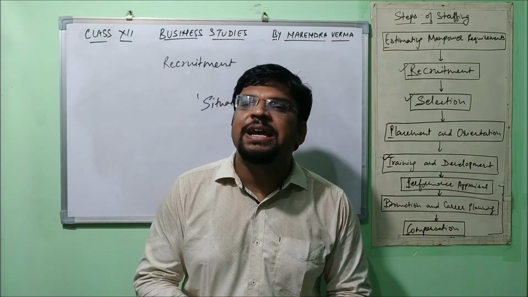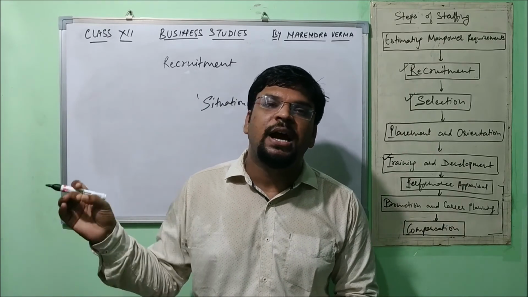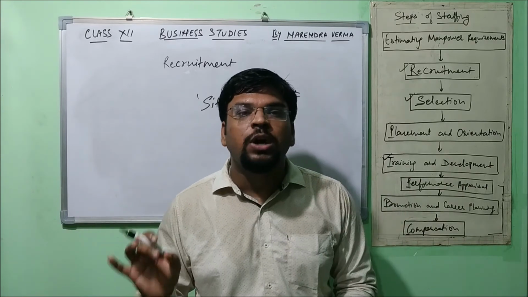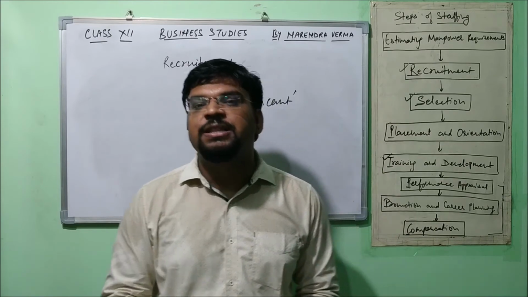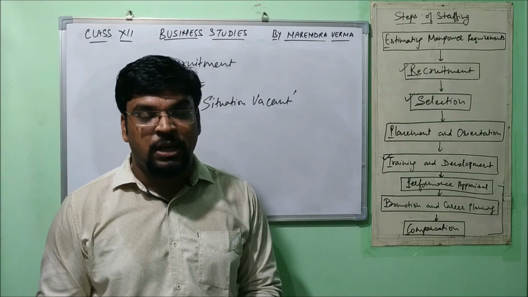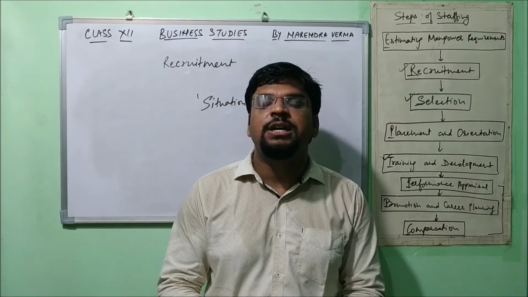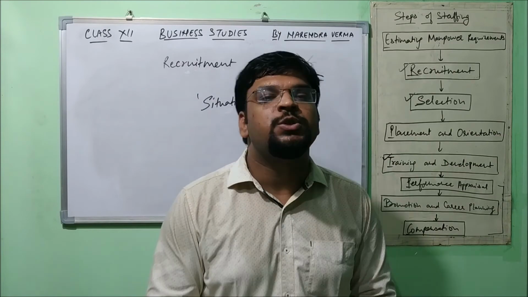In situation vacant advertisement, what happened? You need to specify how many kinds of employees for what post are required and what qualifications are needed. Understood? So for preparing that advertisement as well, that kind of information is needed. But this process is done under recruitment. In recruitment, what happens? This advertisement is prepared.